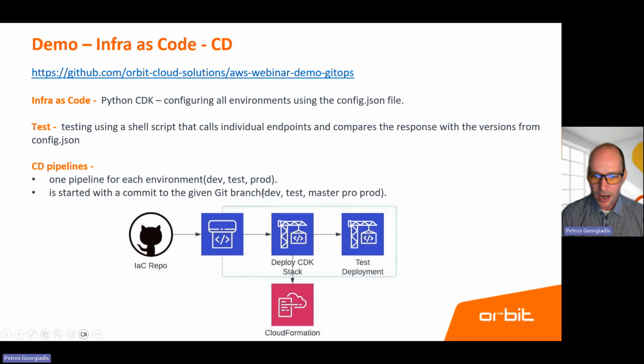So there is one permanent branch per environment. Meaning if I wanted to add, for instance, a quality assurance QA environment, I would need to create also the branch in GitLab and have it as a trigger for the pipeline itself.